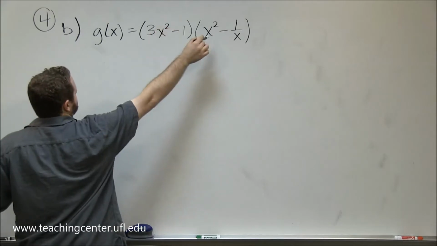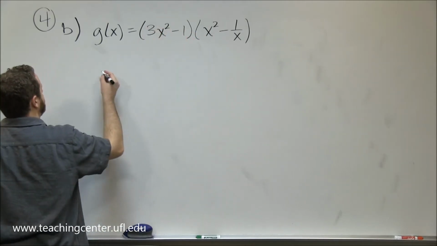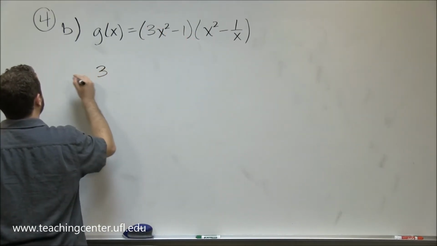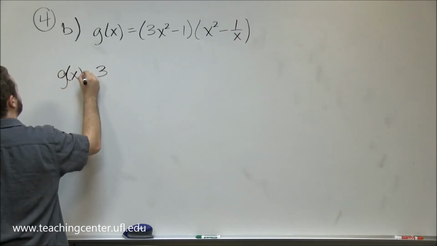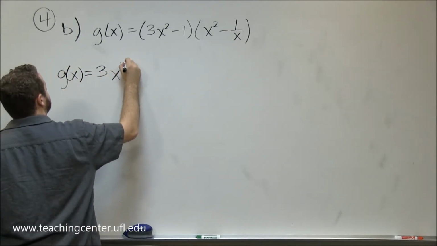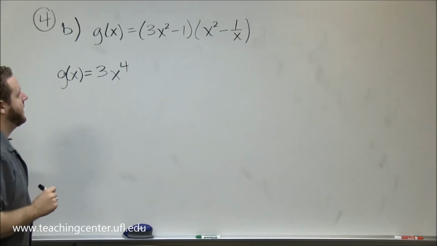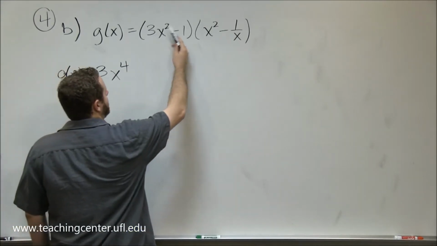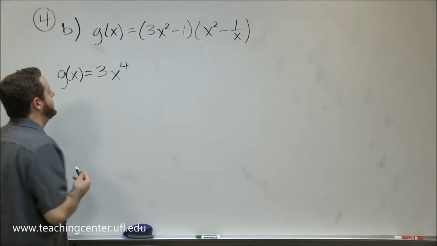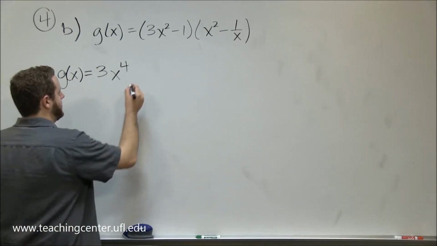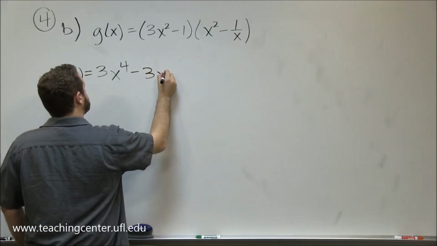When we FOIL this, the first term would be 3x squared times x squared. So let me write g of x equals, we would get 3x to the 4th for the first term. For the outside, we get 3x squared times negative 1 over x, so that would cancel out one of our x's, and we'd get minus 3x.